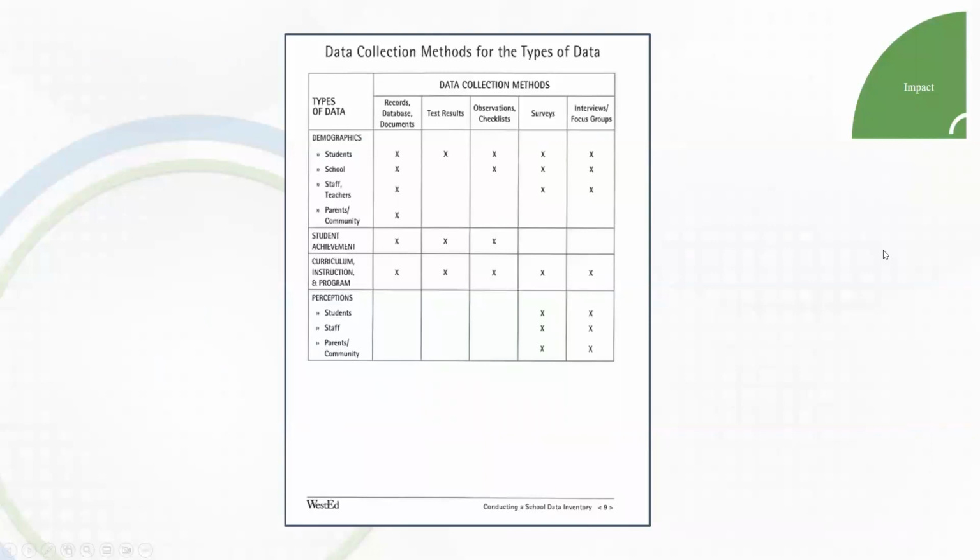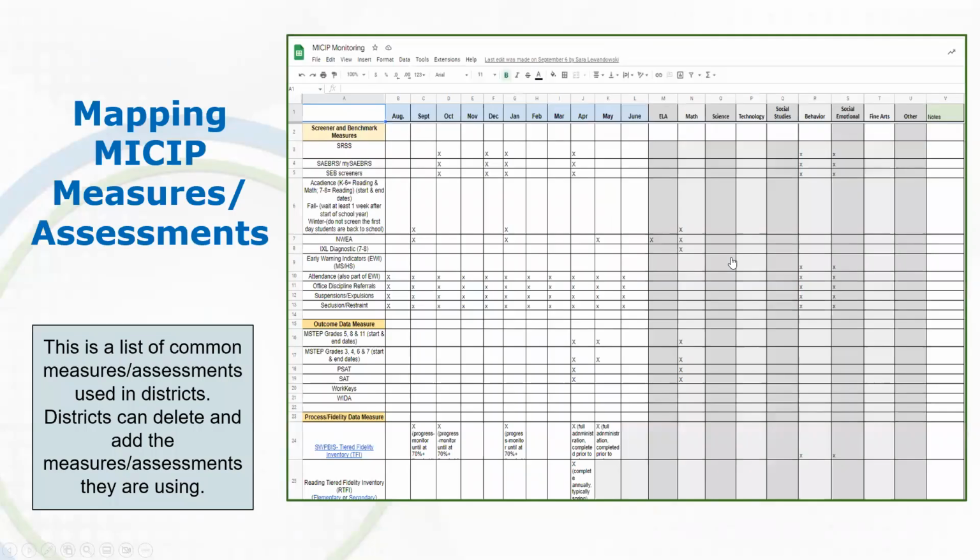Simple tables such as this might be used to keep track of the various types of data being collected and to identify gaps that might need to be filled. This sheet shows a much more sophisticated spreadsheet that might be used for monitoring the various kinds and types.